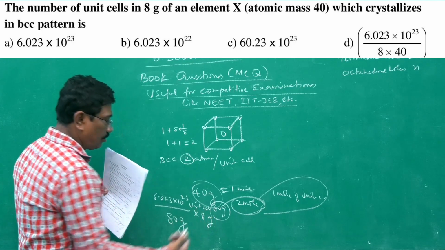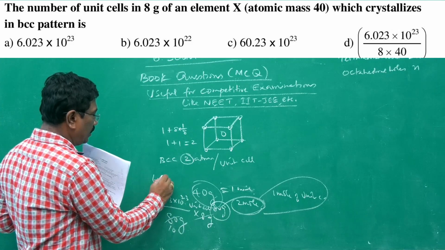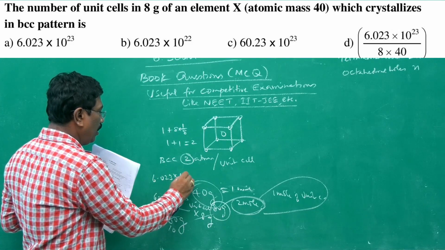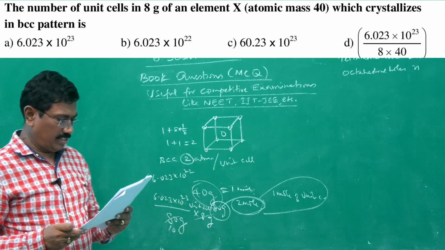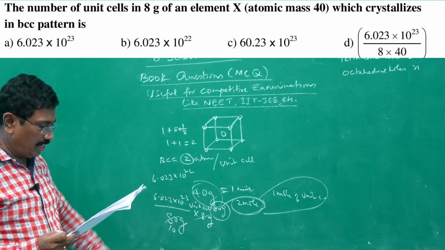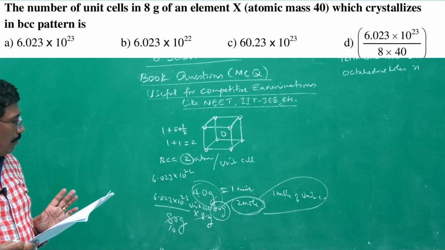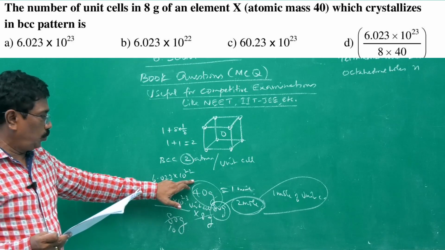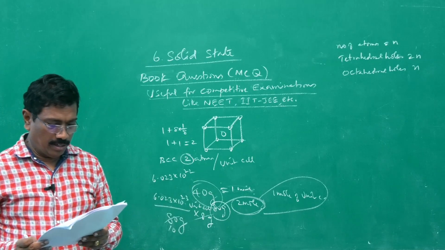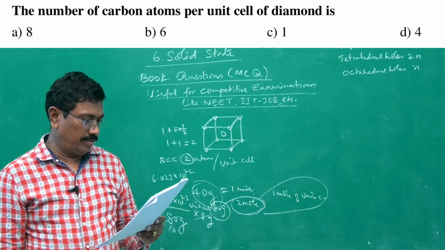And in 8 gram, that is the question, divide by 10, and you will get 6.023 × 10^22 unit cells. So the number of unit cells present in 8 gram of an element X in BCC pattern is 6.023 × 10^22.